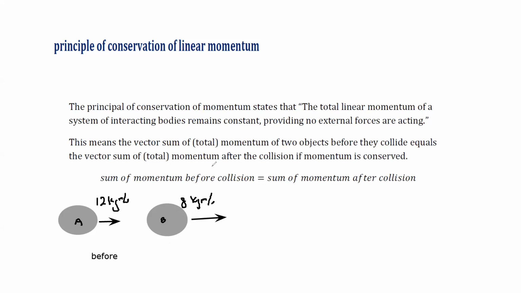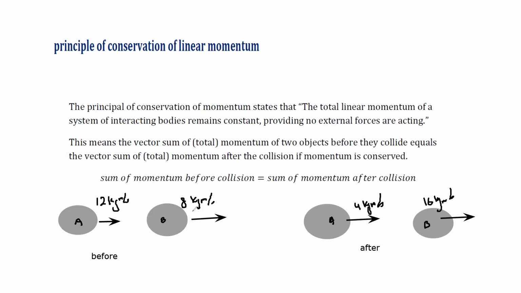So this is before they collide. After collision, they will change their momentum, but the total momentum won't change. The sum of the momentum will remain the same. So after the collision, maybe the momentum of object A turned out to be 4 kilogram meter per second, whereas object B turned out to be 16 kilogram meter per second.